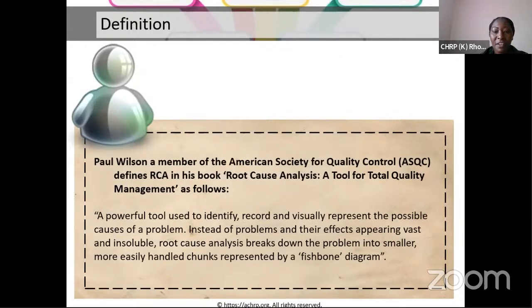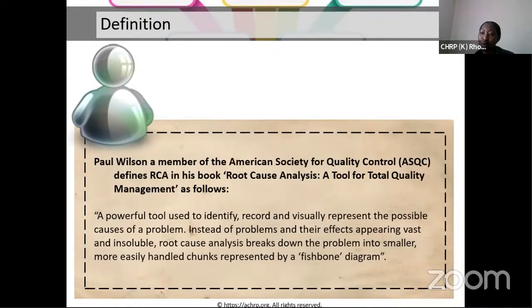Instead of problems and their effects appearing so big, insoluble and insurmountable, he said root cause analysis breaks down the problem into small, more easily handled and manageable chunks represented by the Fishbone Diagram. So we'll come to the Fishbone Diagram, where the place near the neck or the head of the fish could be the problem statement.